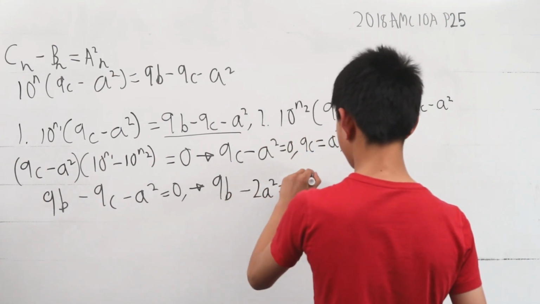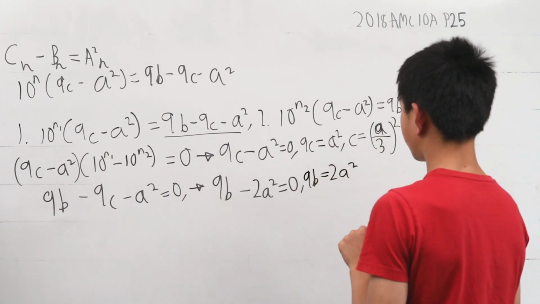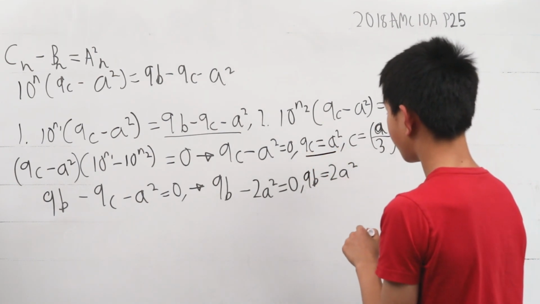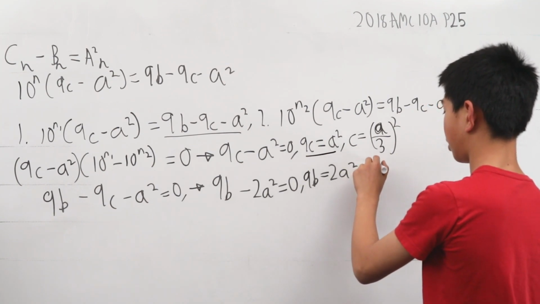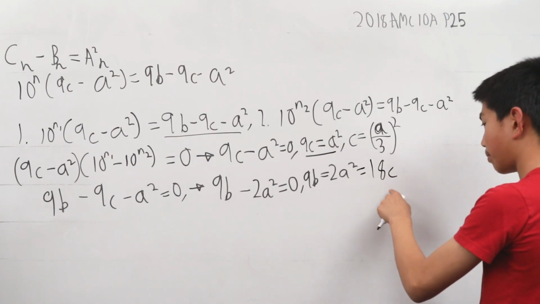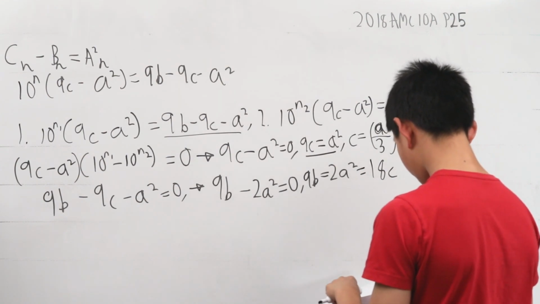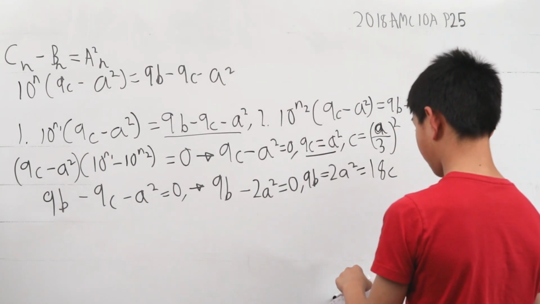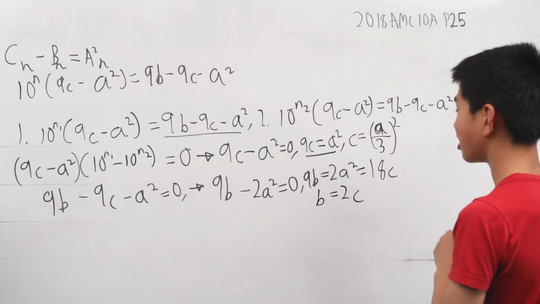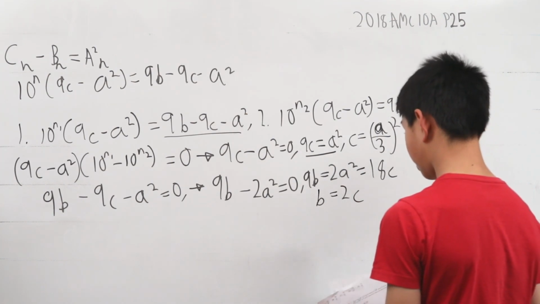So 9b is 2a squared. And since we already know that 9c is equal to a squared, then that means that this is going to be equal to 18c. Or simplifying, b is equal to 2c. So this is another helpful formula that can greatly help us determine what our a's, b's, and c's are.